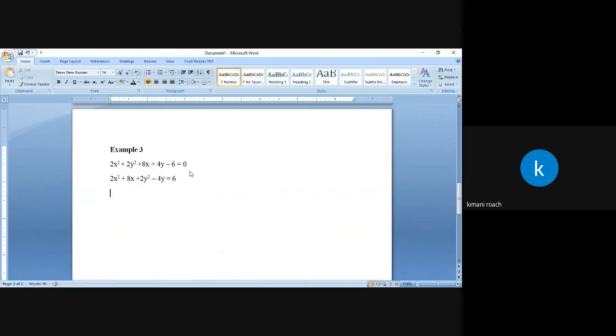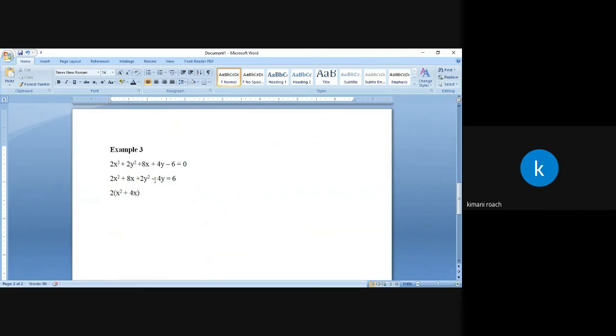Now let's look at what we can factor out of our x terms and our y terms. I'm going to factor 2 from my x terms. When I factor 2 from 2x², I'm left with x², and when I factor 2 from 8x, I'm left with 4x.